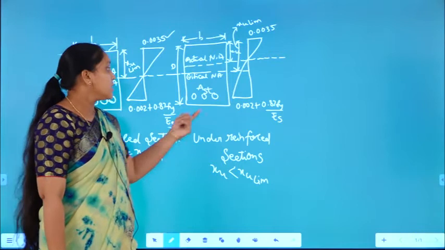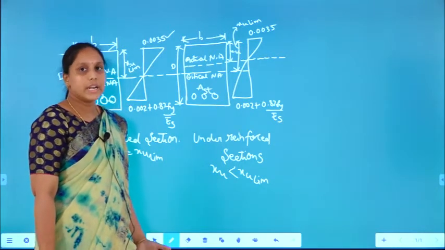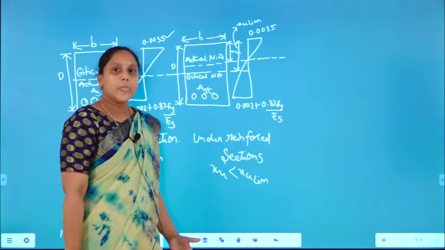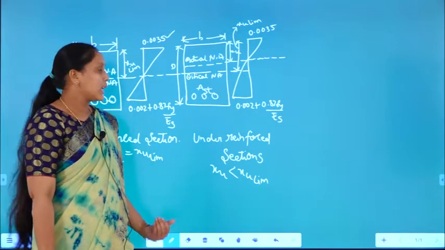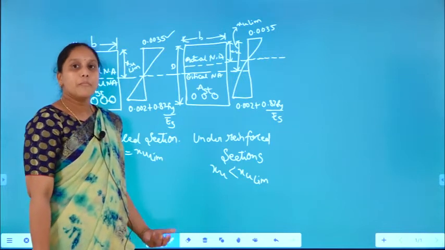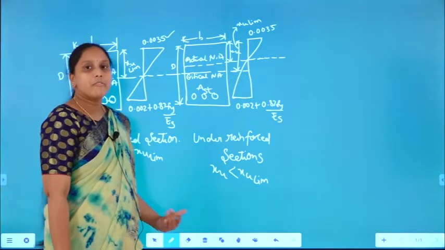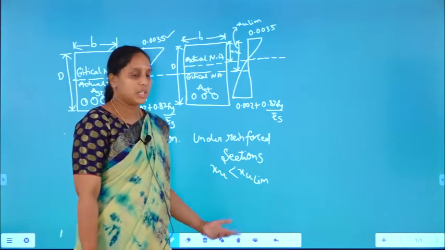First, the steel is yielding here. So, as steel is yielding here, the mode of failure is going to be a ductile failure, and due to ductile failure, it gives us sufficient warning before it collapses. So, designers will prefer to design an under reinforced section.